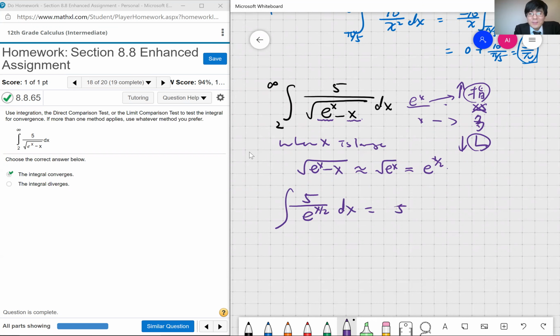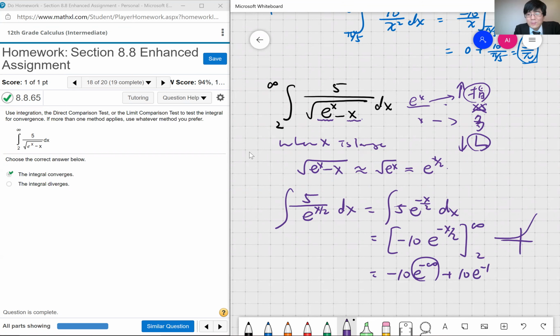This is easy to integrate because it's just like an exponential function. And so it's going to be -10 e to the power of -x over 2, evaluated from 2 to infinity. So it's going to be -10 e to the negative infinity plus 10 e to the power of -1. And this is equal to 0 plus that finite value. So it's going to be converging.